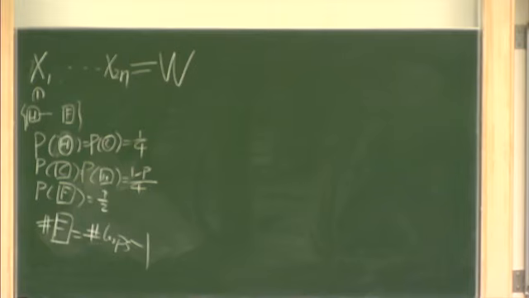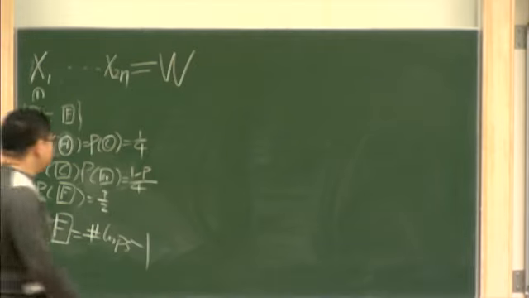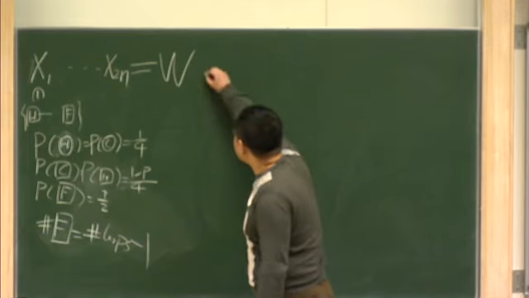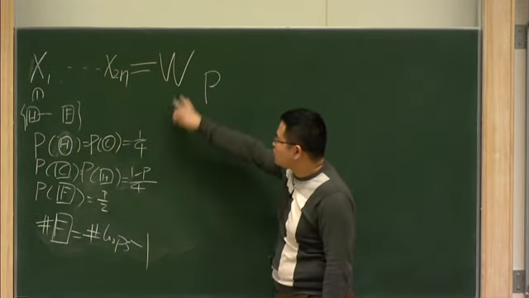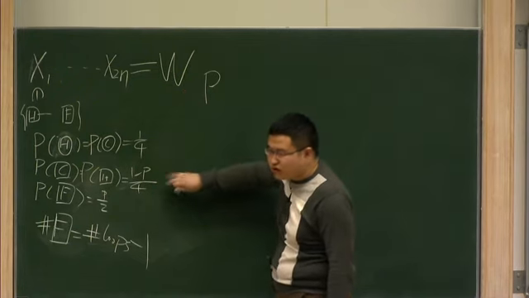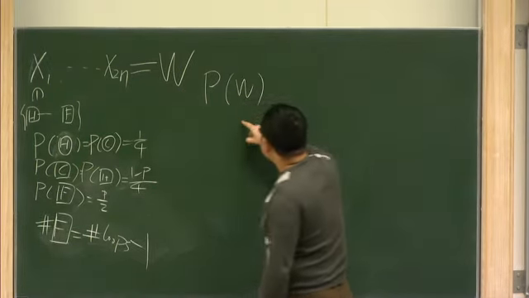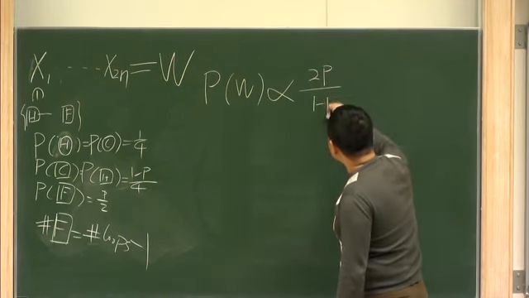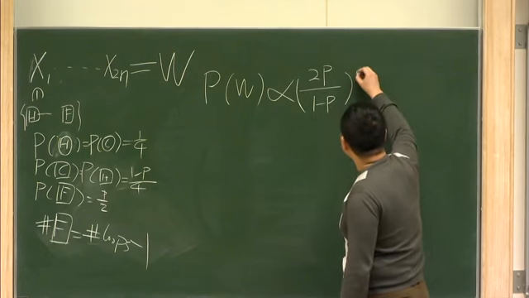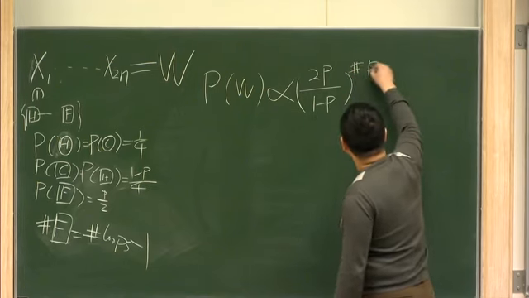So the number of fresh orders is exactly the number of loops minus 1. On the other hand, if you sample a word W using this weight, the weight of W is proportional to 2p divided by the number of F's.